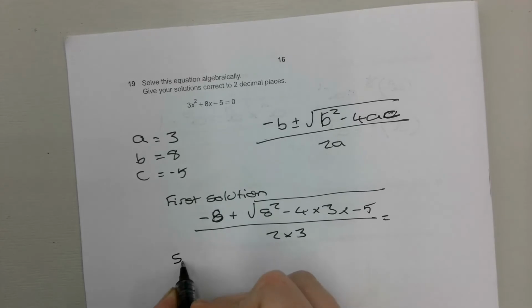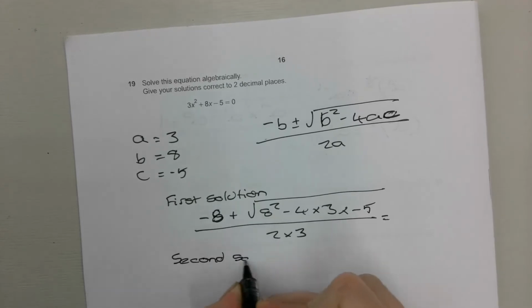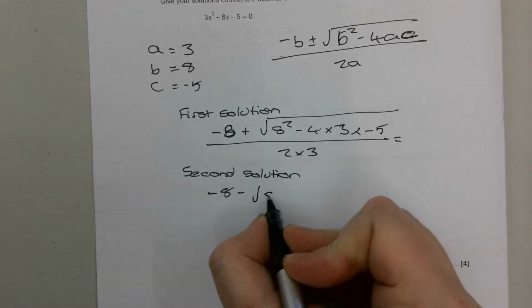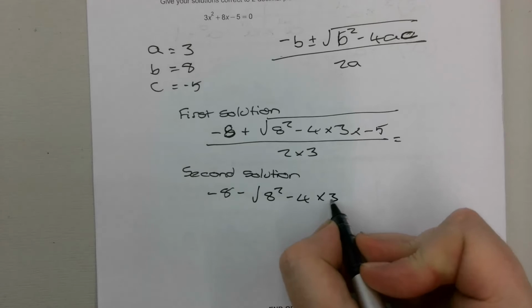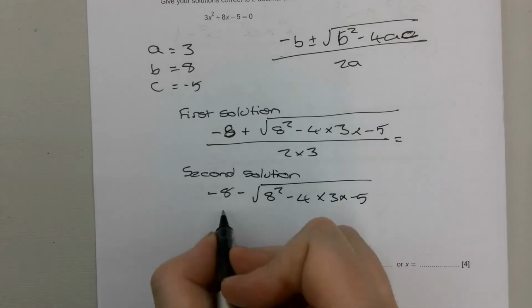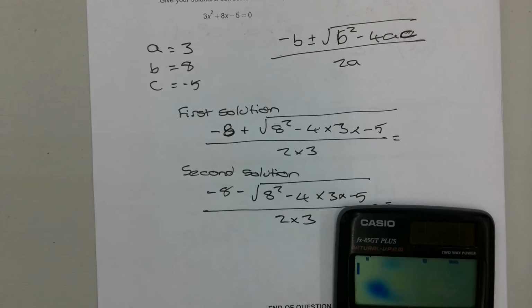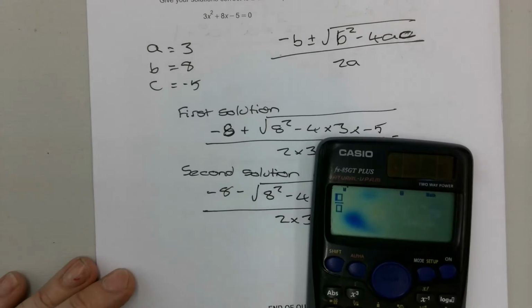My second solution is going to look identical, except there's going to be a subtraction here. So we're going to have minus 8 minus the square root of 8 squared minus 4 times 3 times minus 5, all over 2 times 3. Now, we'll go for our first solution first. So fraction button, minus 8 plus, then square root, 8 squared minus 4 times 3 times minus 5, then 2 times 3 at the bottom.